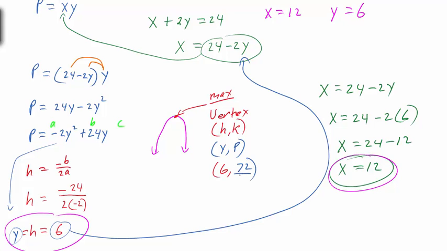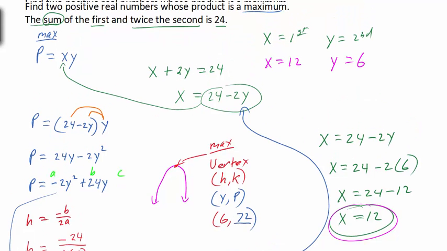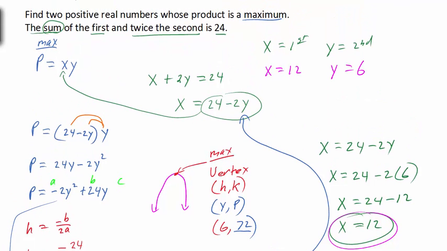So that's what the 72 here is representing in relationship to this parabola. 72 is the maximum value. So what we're really saying is when our y here for this, our number, is 6, then our maximum product is going to be 72. So our two numbers then turn out to be 6 and 12. That's the two numbers that we're looking for.